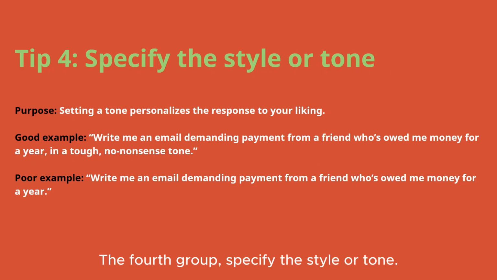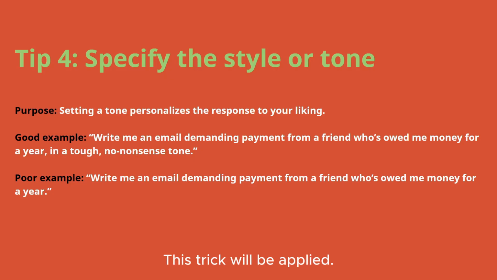The fourth trick, specify the style or tone. This trick applies especially when you use it for style, for example, style of writing or style of music. For example, you can say, write me a stylish email of a professional working person.